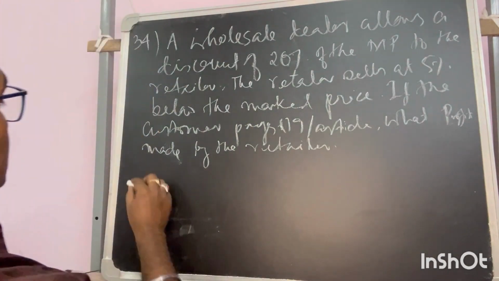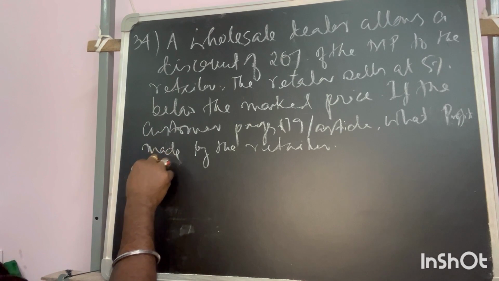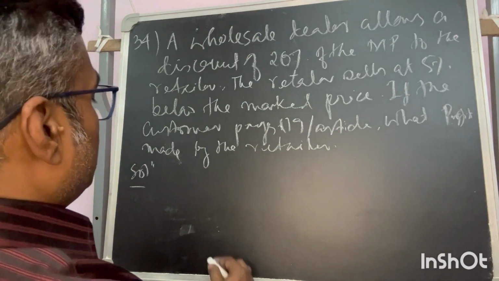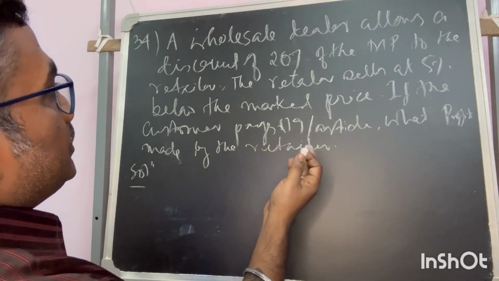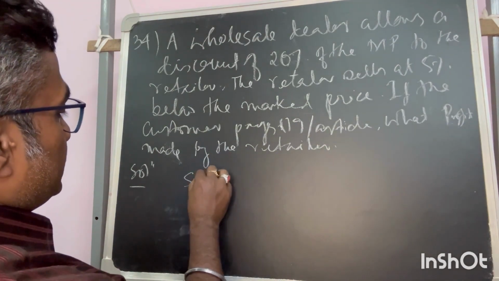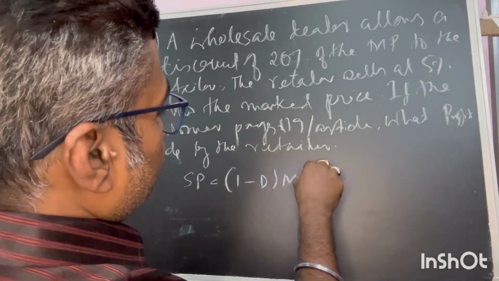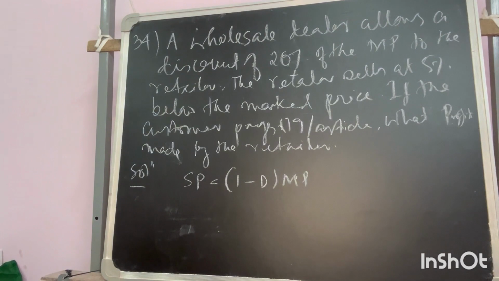Okay, fine. So a wholesale dealer allows a discount of 20% on MP to the retailer. So selling price is nothing but 1 minus discount into market price. The retailer sells at 5% below the market price.